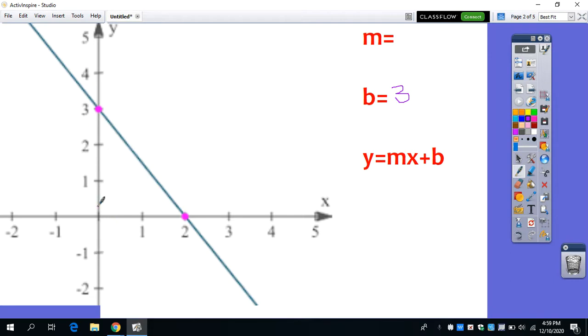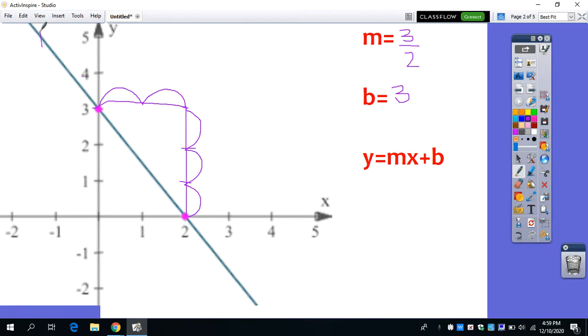All right, so next, we're going to find the slope. They already gave us 2 points, so that's perfect. Again, I'm counting from here to here, which is 1, 2, 3 boxes. I'm looking at these numbers right here. So it's a 3 over 1, 2. 3 over 2.